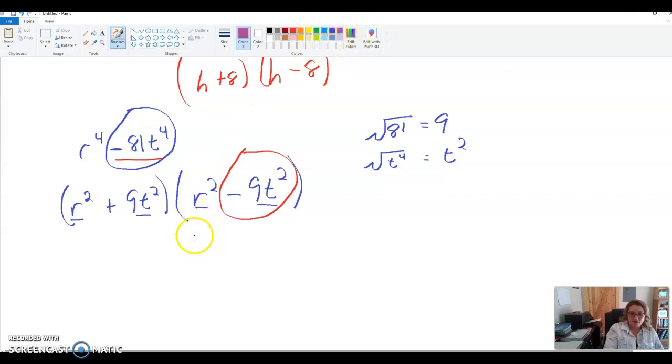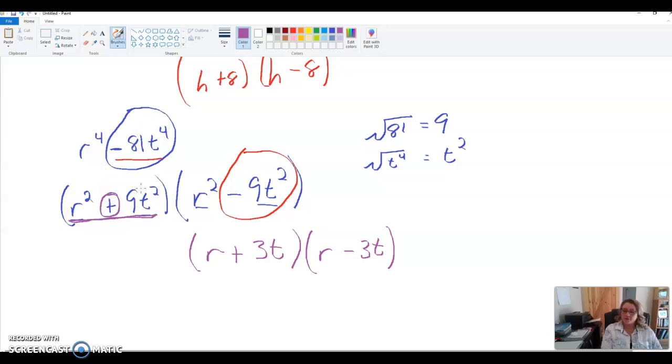So I'm going to start by factoring this part out. So I have an r plus and I have an r minus. The square root of 9 is going to be 3, and the square root of t squared gives me a t. So I have 3t. Then I'm going to look at this right here, and I have to ask myself, can I factor that any further? And the answer is going to be no, because this is a positive sign.